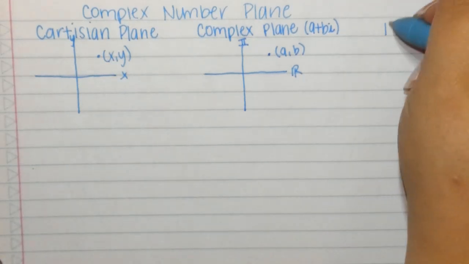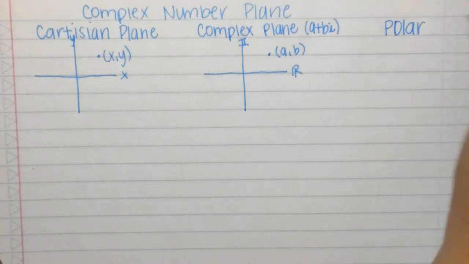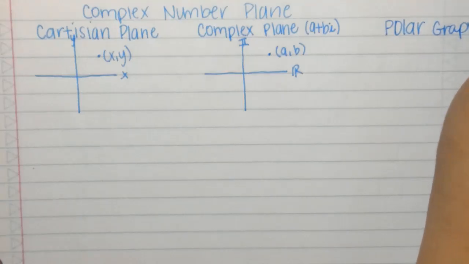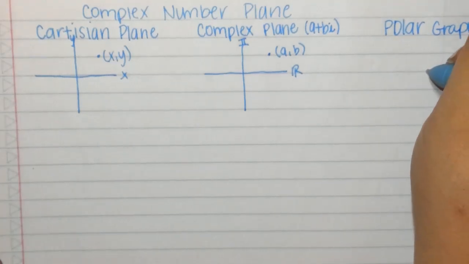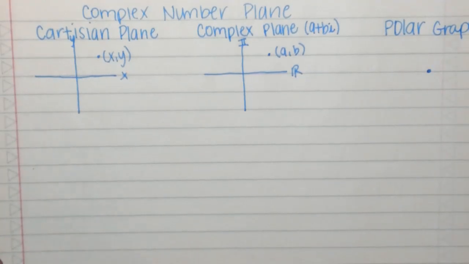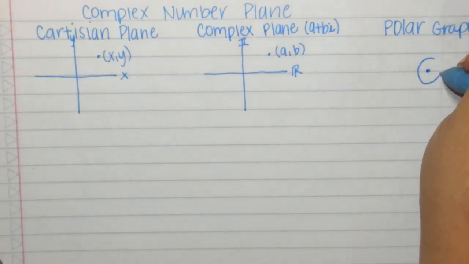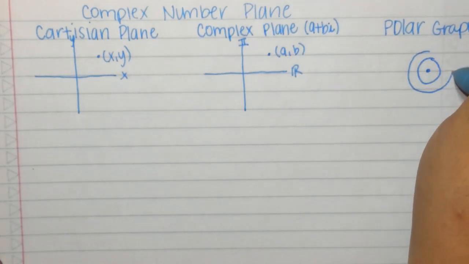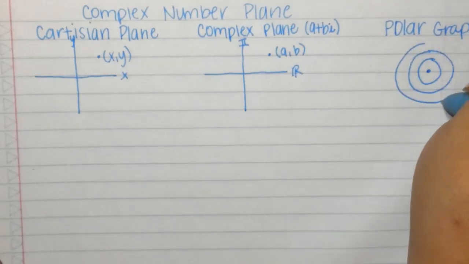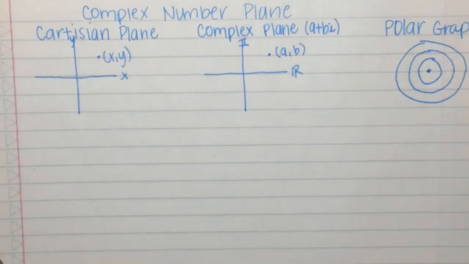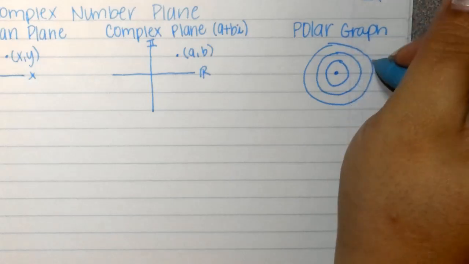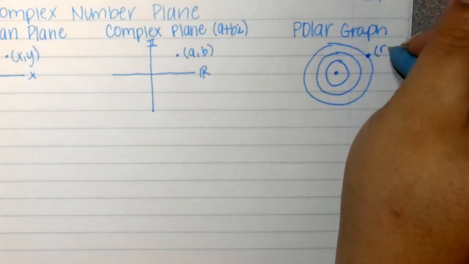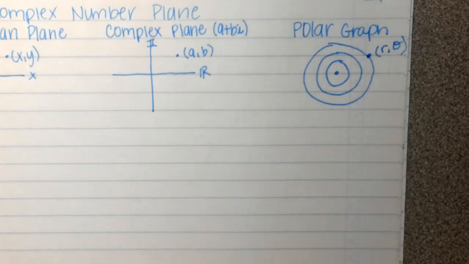We're going to talk in a little bit about a polar graph. A polar graph is a little bit different because it has a center, and instead of being based on a horizontal and a vertical axis, everything is determined by your radius and theta, how far it is from the center, and the angle.